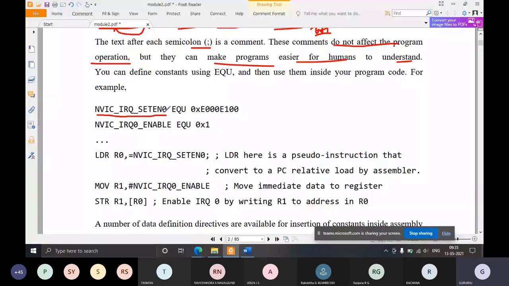This variable will be equated to the value 0xE000E100. Whatever constant you have defined, the value of this constant is 0xE000E100, because you equated it to that value. So EQU defines a constant.